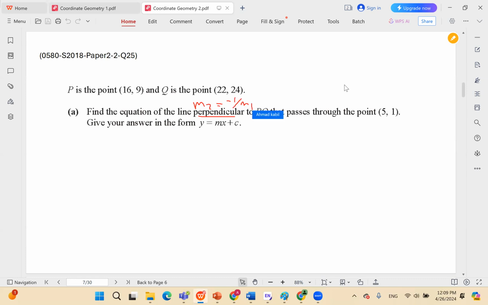So first we need to get the slope of PQ. M1 is the slope of PQ. So we can write y2 minus y1 over x2 minus x1. And we plug in the values, but let's label the points first. So this is x1, this is y1, this is x2, and this is y2.